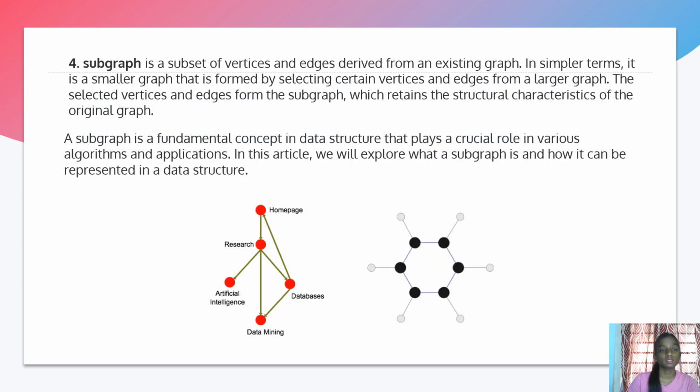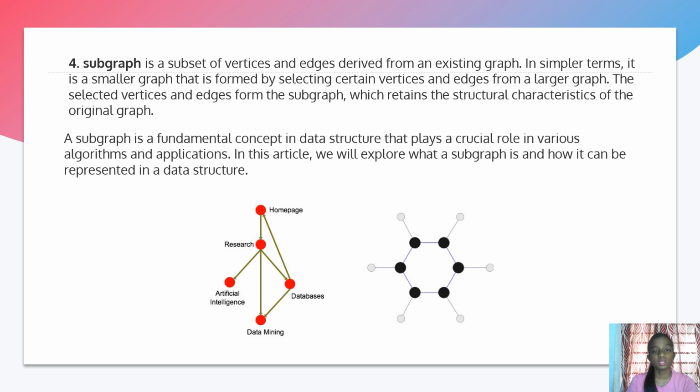Next we'll see what is a subgraph. A subgraph is a subset of vertices and edges derived from an existing graph. In simpler terms, it is a smaller graph formed by selecting certain vertices and edges from the larger graph. The selected vertices and edges form a subgraph which retains the structural characteristics of the original graph.